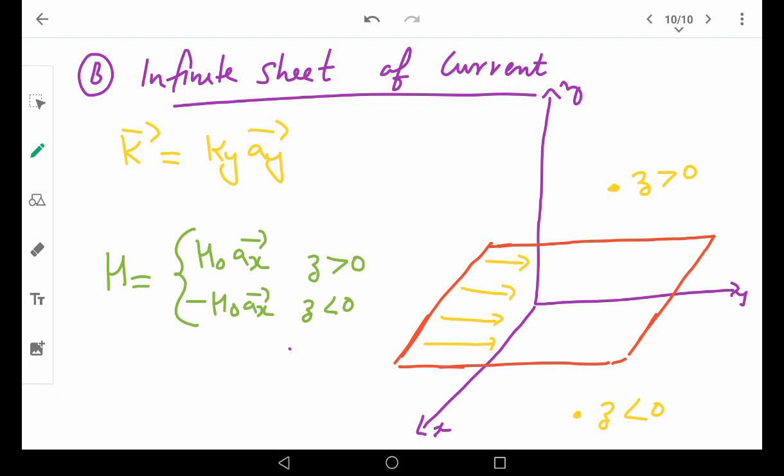So the same value of magnetic field intensity, but of opposite directions, above and below the plane.